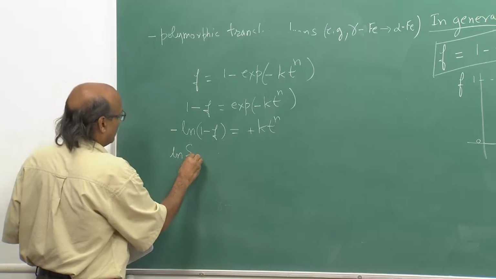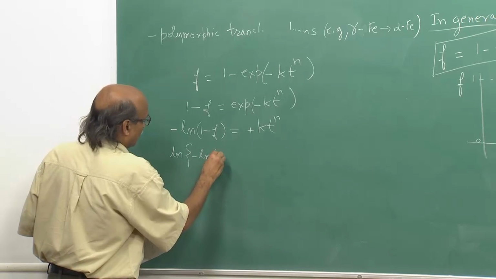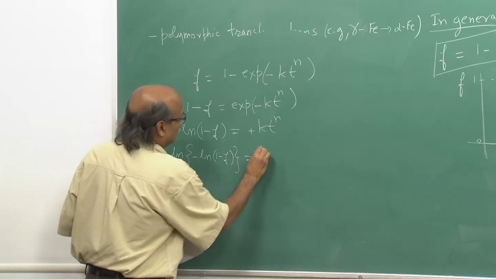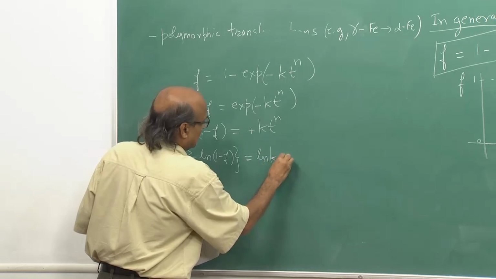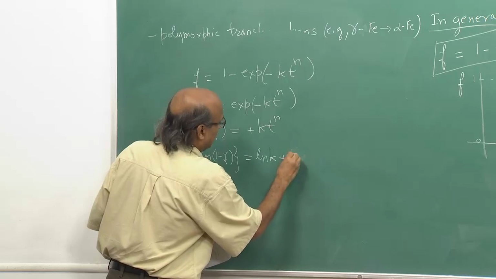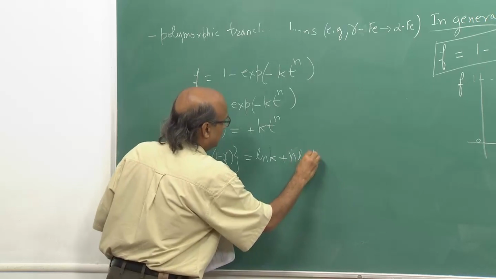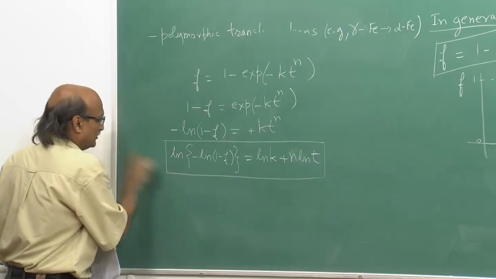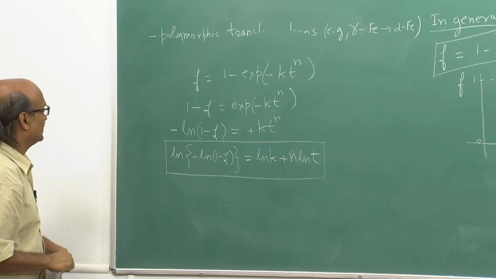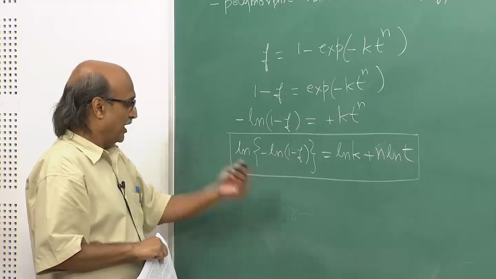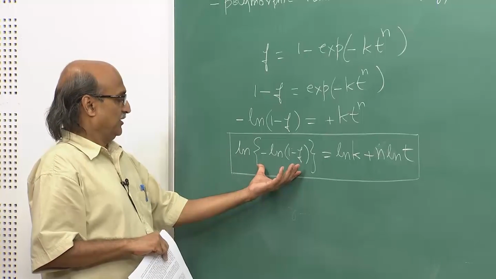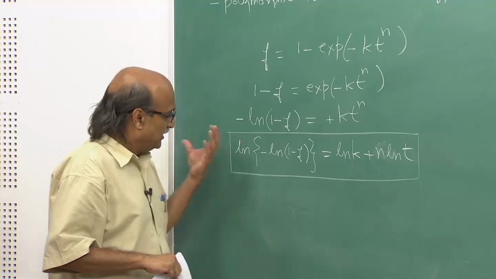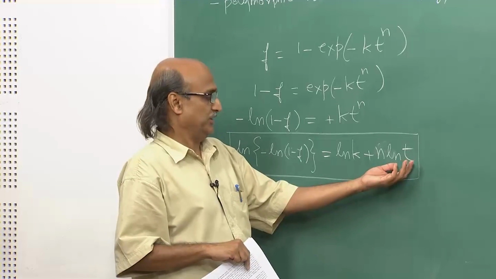So, natural log of minus natural log of 1 minus f would be equal to ln k plus n ln t. What was the purpose of doing this? Well, the purpose of this was to linearize the Avrami relation. Now, the left hand side, which is a function of two logs, is a linear relationship with ln t.